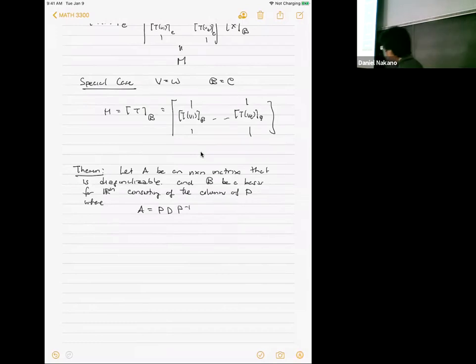Okay, so we saw that when you have A being similar to a diagonal matrix, then the matrix P will consist of eigenvectors for A.